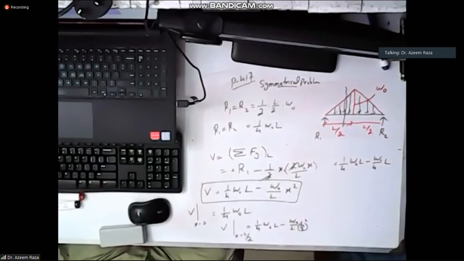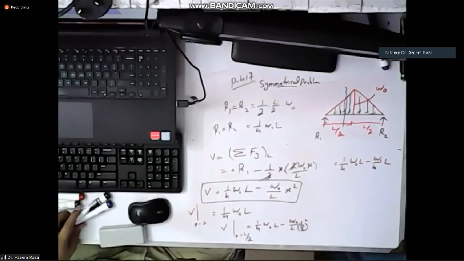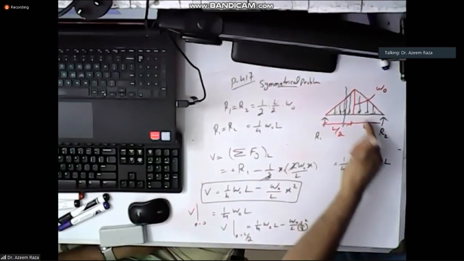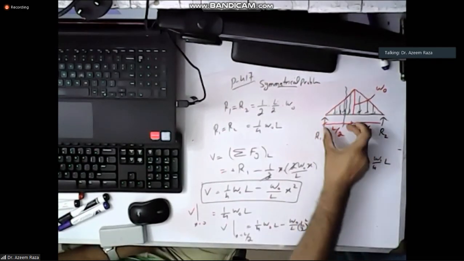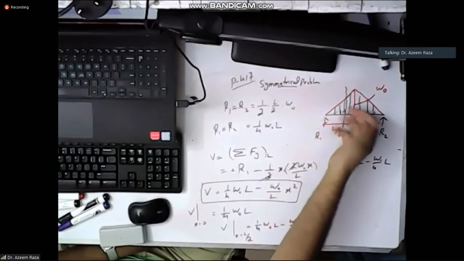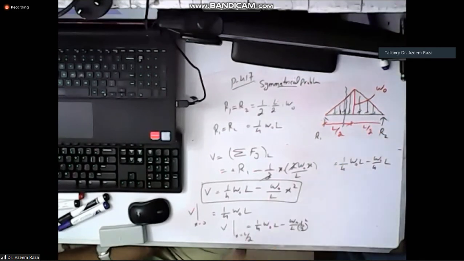So we need to take at least one more point right in between these two points. But that can be adjusted. Because this force will continuously vary, whatever the direction we have on this side, exactly the same diagram in the opposite direction will be done for the other side as well.